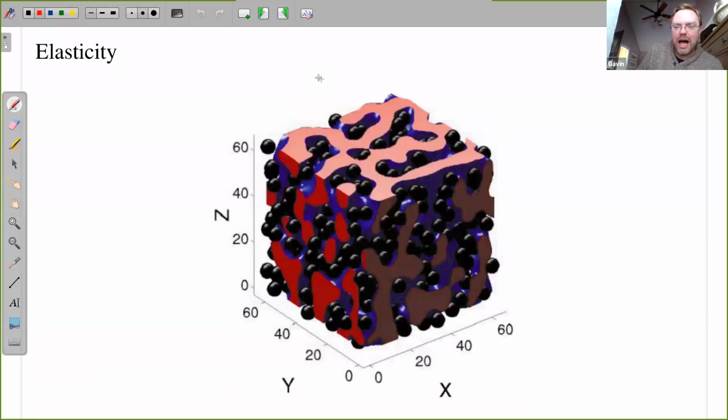Here's a microstructure of nanoparticles that are embedded in one phase of a diblock copolymer. A diblock copolymer is basically a polymer chain that has two different types of materials. One is maybe more hydrophobic, and the other is more hydrophilic.